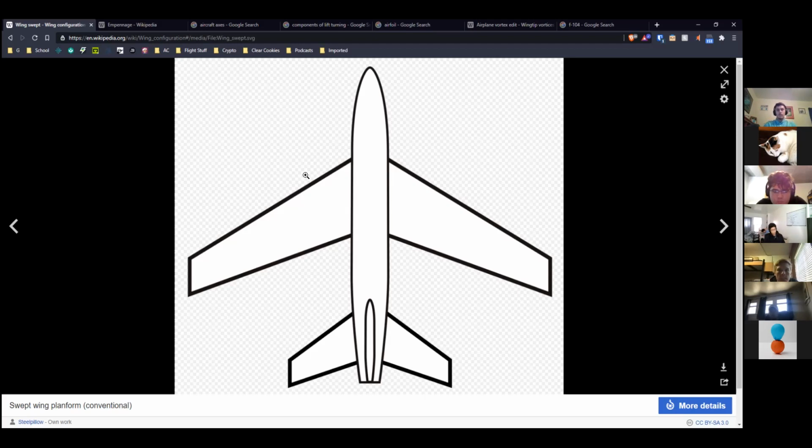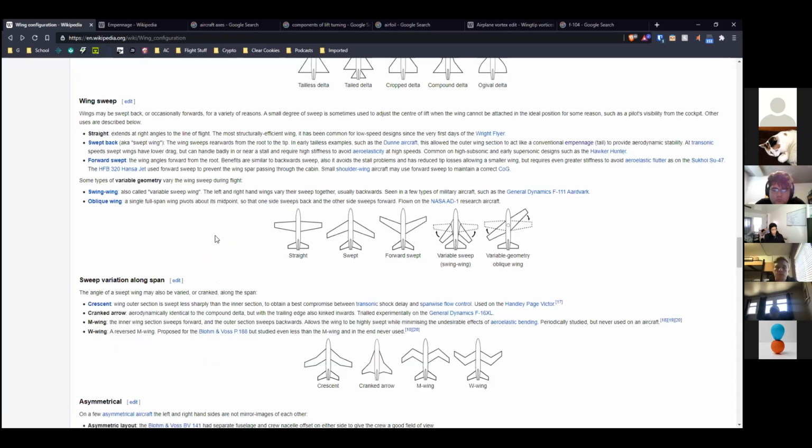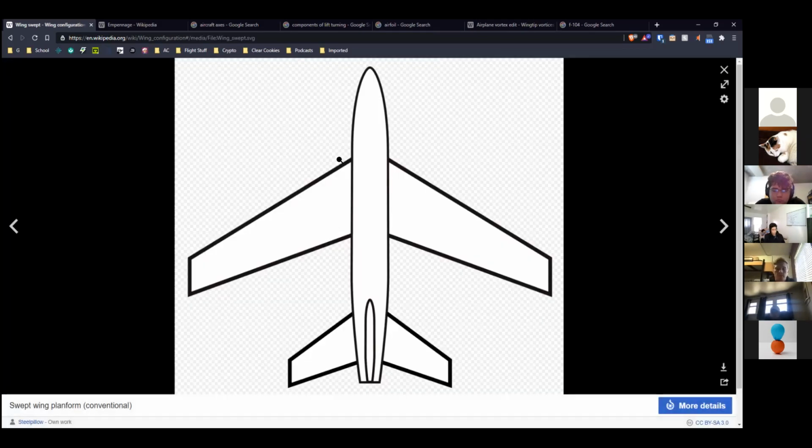And so that's why all planes that currently fly that get either close to sonic speed or that are supersonic will have swept wings, because it'll reduce their drag penalties in those flight regimes. And again, none of the air is actually moving sideways.